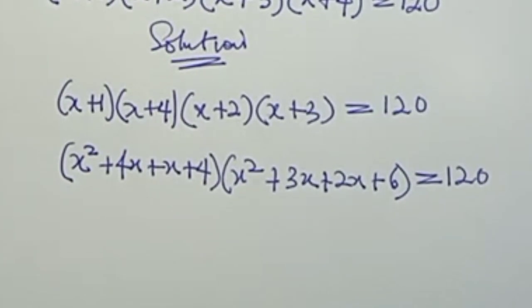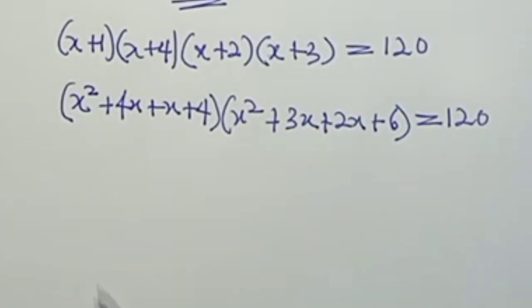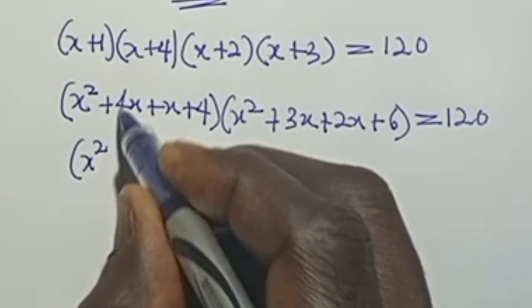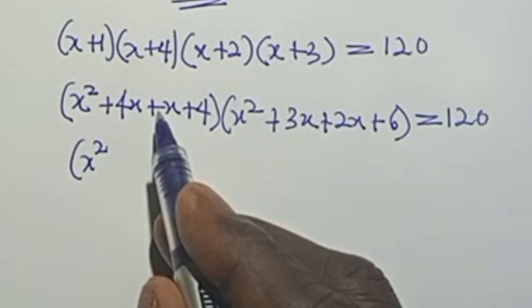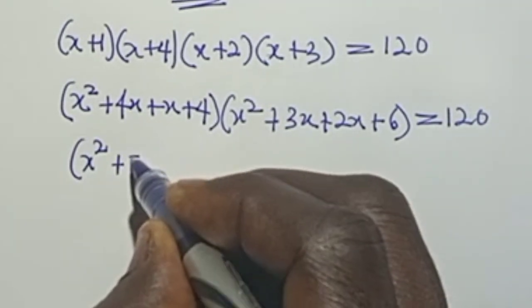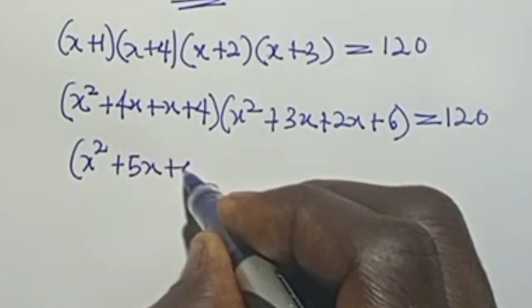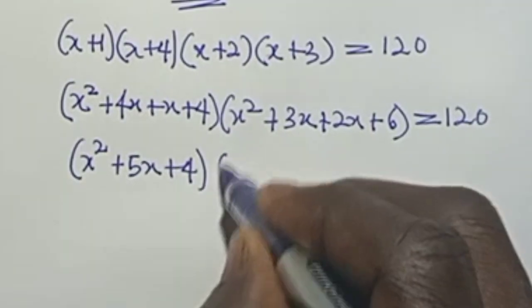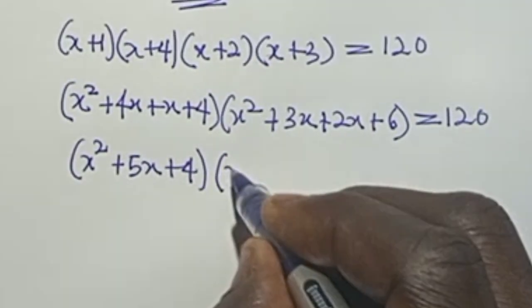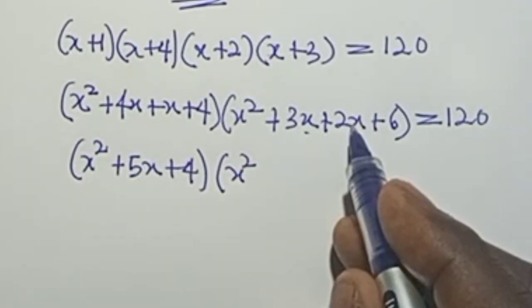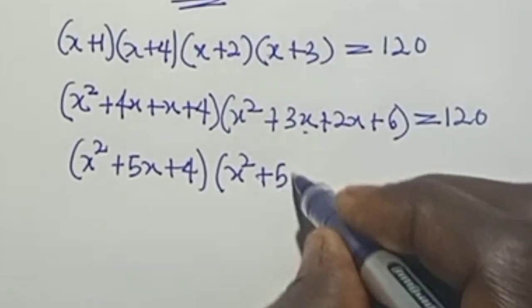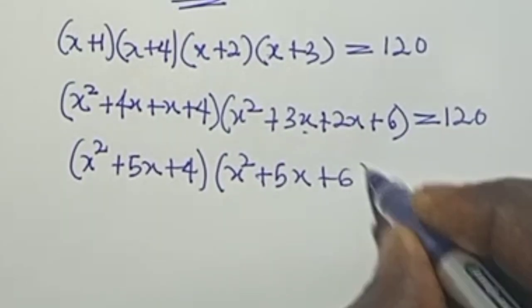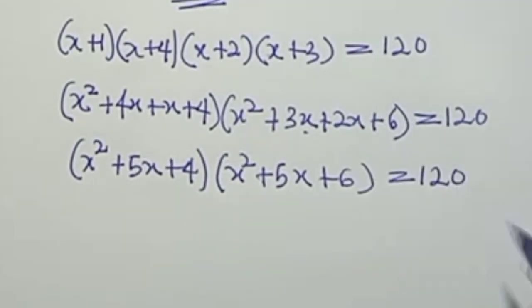So next, we're going to simplify further: x squared plus 4x plus x, that is 5x, plus 4, close the bracket and open the bracket for this part, and this is x squared, 3x plus 2x, that is 5x, plus 6, all equal to 120.